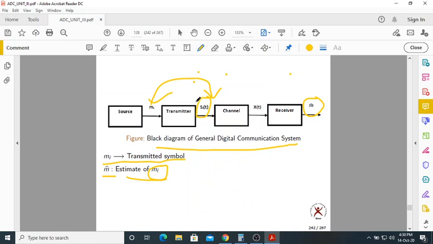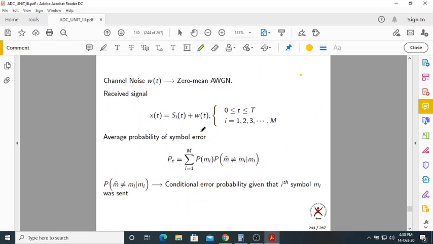Now, we are transmitting Si of t over a channel which will obviously add some noise to the signal that we want to transmit. So there is an addition of channel noise. We always take the channel to be an AWGN channel having zero mean.